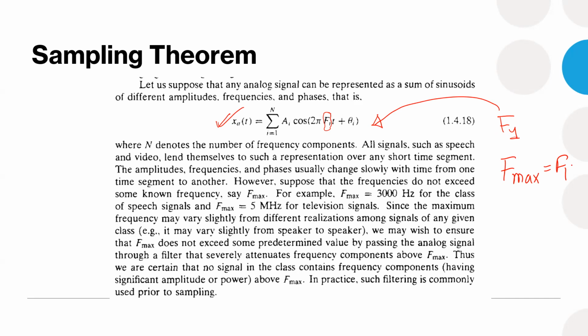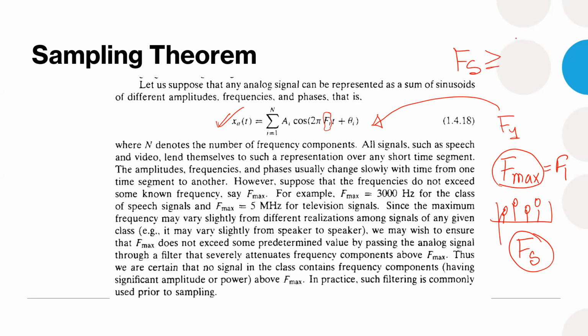Now, when performing sampling, we have to choose one sampling frequency. In the sampling theorem, a relation between f max and fs has been given. That relation is that the sampling frequency should be greater than or at least equal to twice of f maximum.